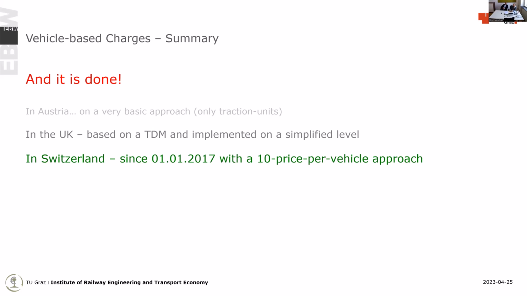The financial incentive was not very high, but at least it was there to be considered.